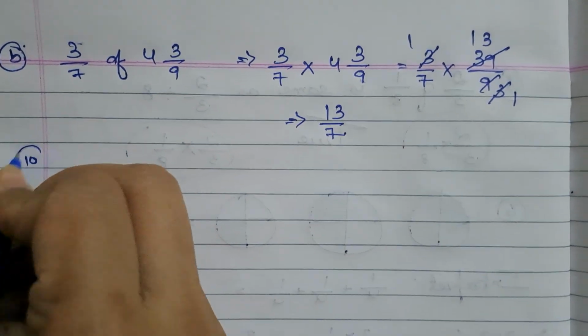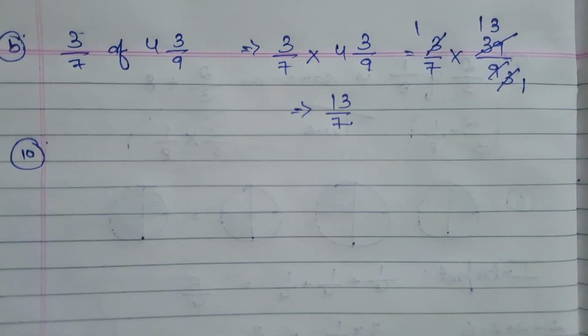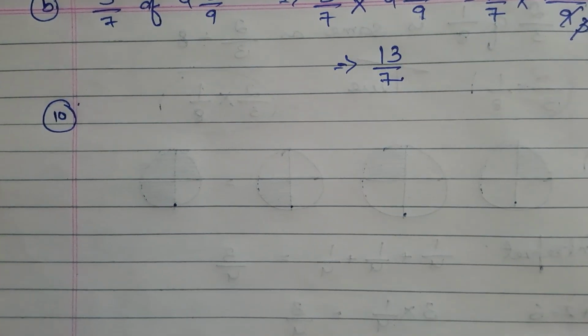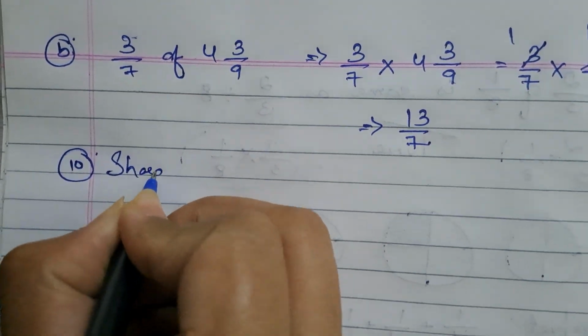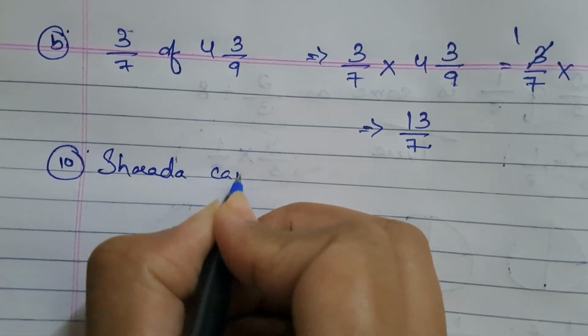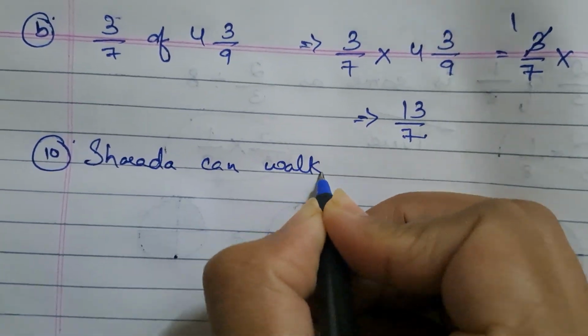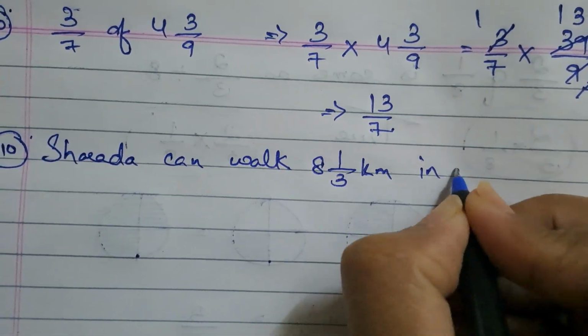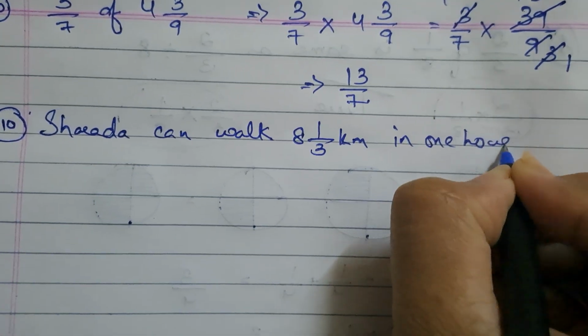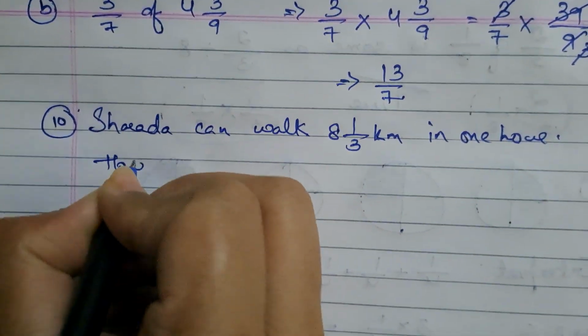Now going ahead with the 10th question, it says there's this lady Sharada who can walk a distance of 1 by 3 kilometers in 1 hour. Okay, now how much distance is she traveling?